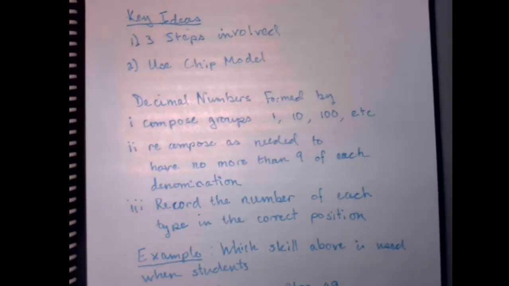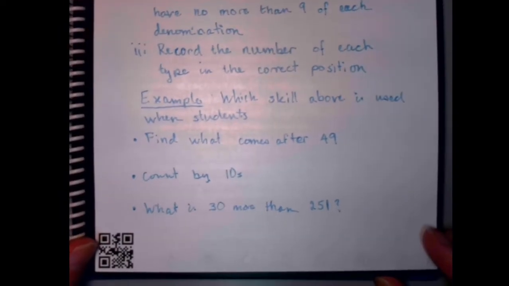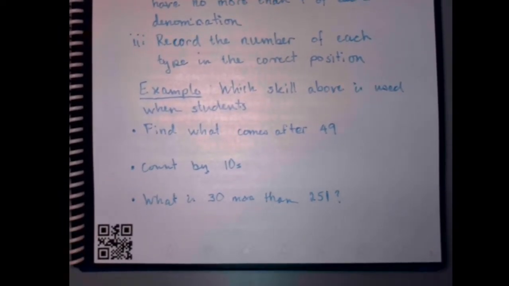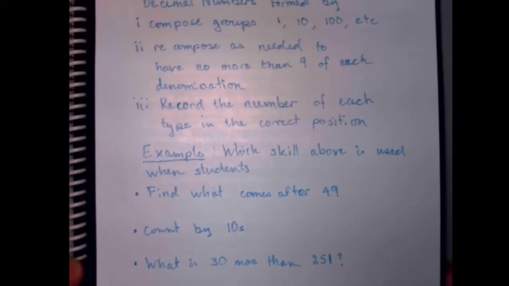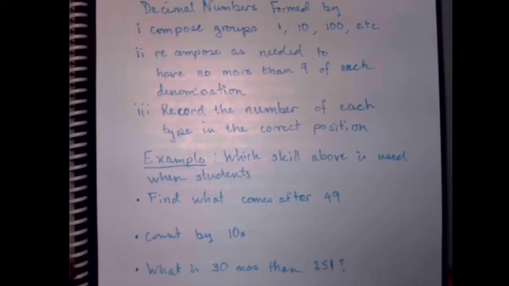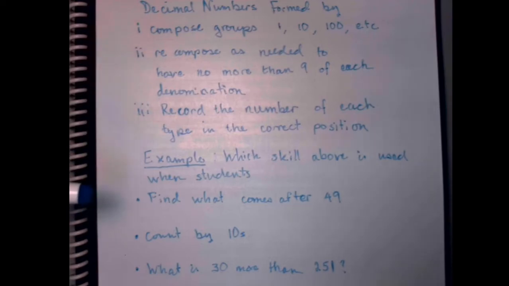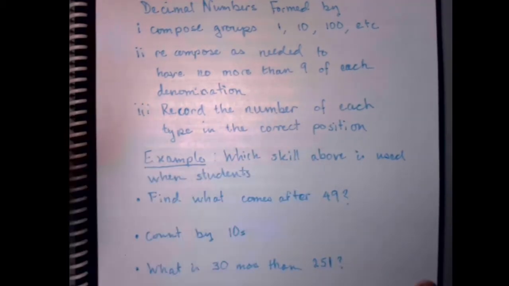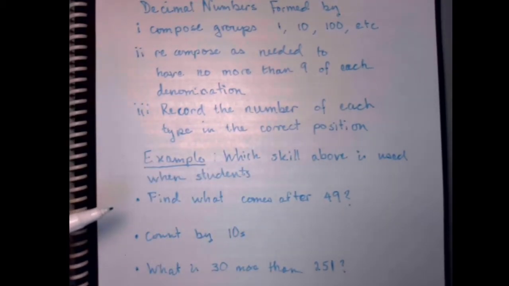So I wanted to look at some tasks that your students might be doing and talk about which of the 3 skills we just discussed is used in each task. So let's say a student is asked, find what comes after 49.